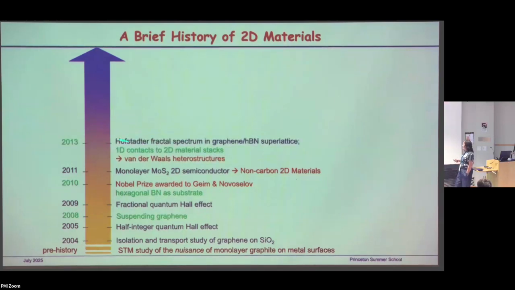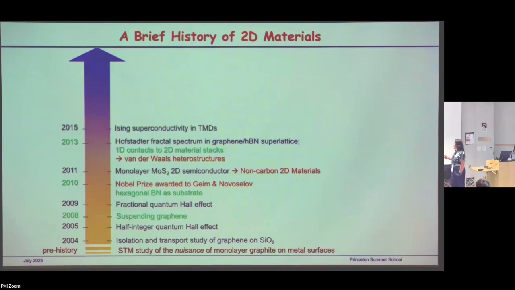And in 2013, I would say this is maybe one of the first examples of van der Waals heterostructures, where they found the Hofstadter fractal spectrum in graphene hexagonal boron nitride superlattices. This is also the same year where the Columbia group found that you can make one-dimensional contact to two-dimensional stacks. And this remains the most common method with which we make van der Waals heterostructures.